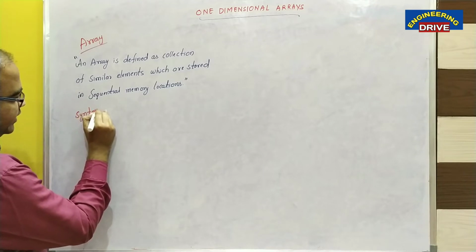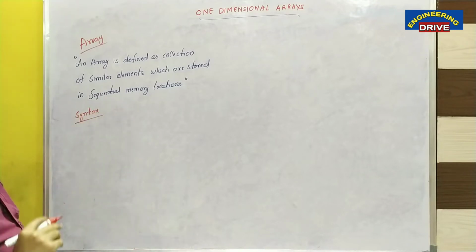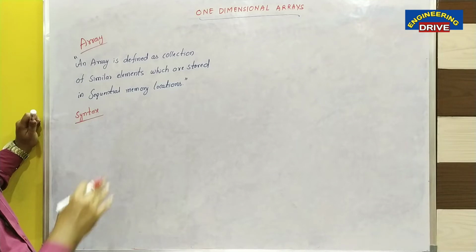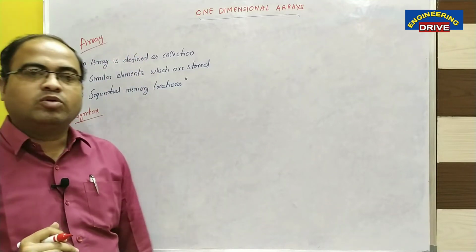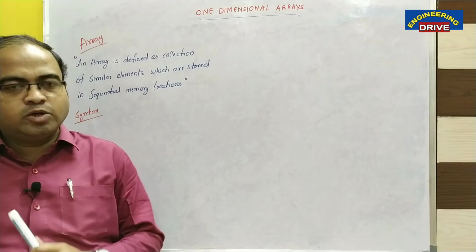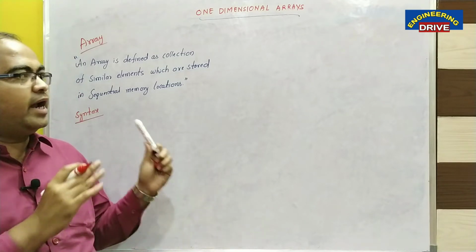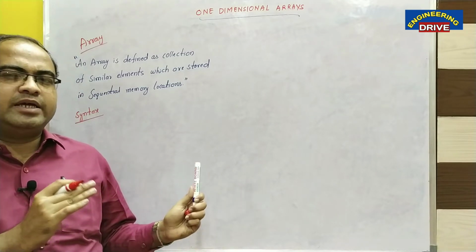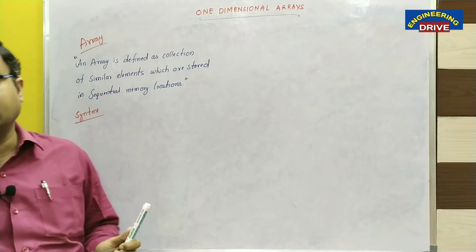How we can create an array in Java, that is important. The array which we are discussing is a one-dimensional array. Two types of arrays are there, one is a one-dimensional array, another one is a two-dimensional array. An array is normally referred to as a one-dimensional array only.